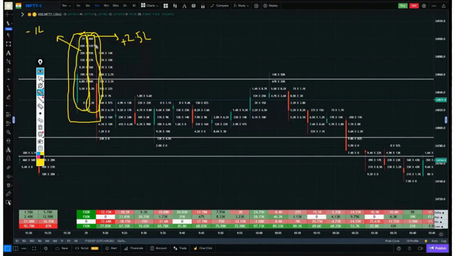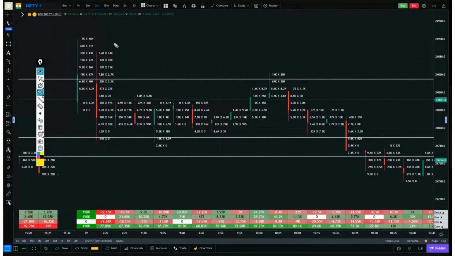So if we subtract both, what comes out here is plus 1.5 lakh, meaning there are 1.5 lakh more buyers compared to sellers. The same order flow has shown us here inside the green box that 150K means there are 1.5 lakh more buyers. Okay, now look at the next candle.